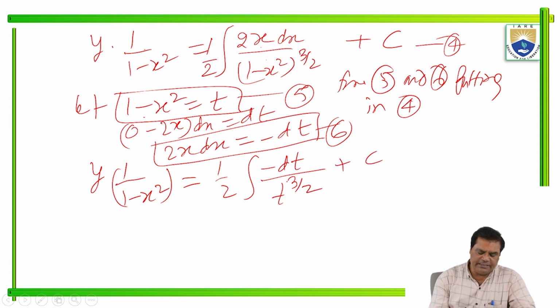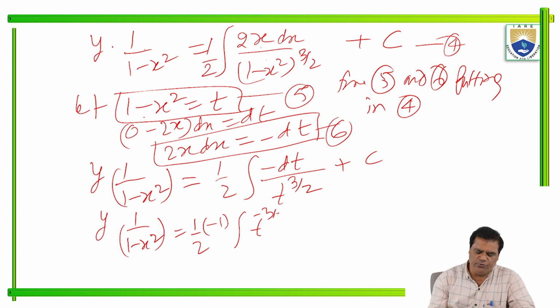So what is the integration of this? y into 1 upon 1 minus x square equals half and minus 1 into the integral of t to the power minus 3/2 dt plus c. Adding 1, we get minus 1/2 and t to the power minus half upon minus half, so minus half is cancelled, plus c.